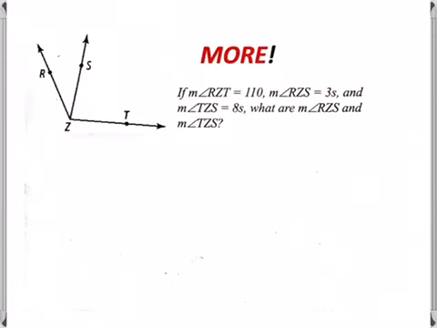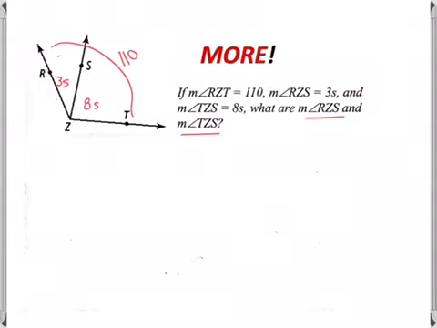Here we have a very similar example. We've got RZT is 110, so the whole thing is 110. We also know that RZS is 3S, and that TZS is 8S. What are the measures of RZS and TZS? Well, remember, this is part plus part equals whole, so we're going to add up.